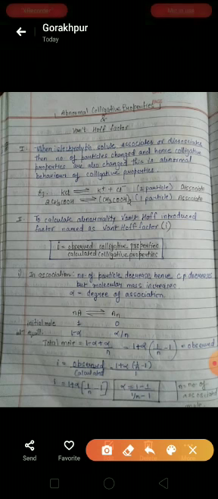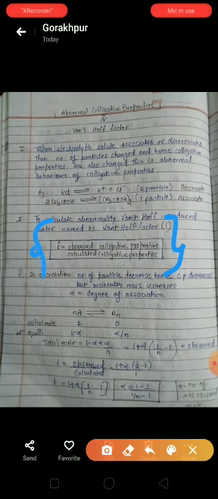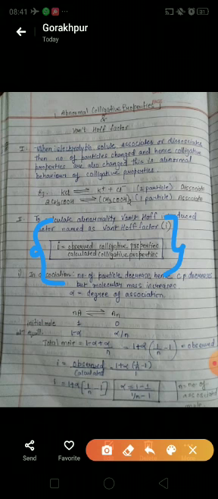So now from this we can have the formula of Van 't Hoff factor, that is i equals observed colligative property upon calculated colligative property.